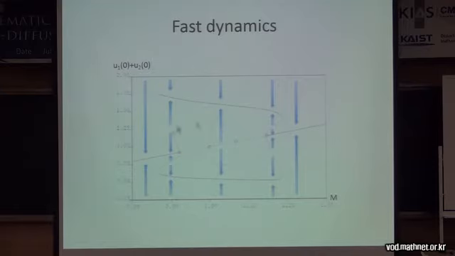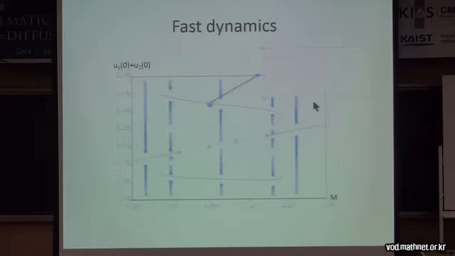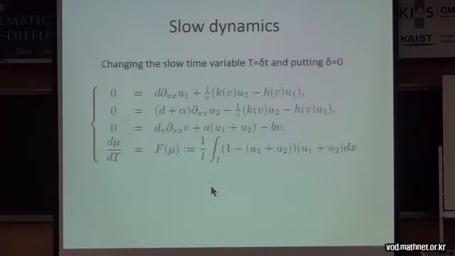Anyway, this is a flow with respect to these equations. As mentioned before, this branch corresponds to these inhomogeneous patterns, and this branch is the reflected solutions of this. So like this, solutions approach each stable state like this.